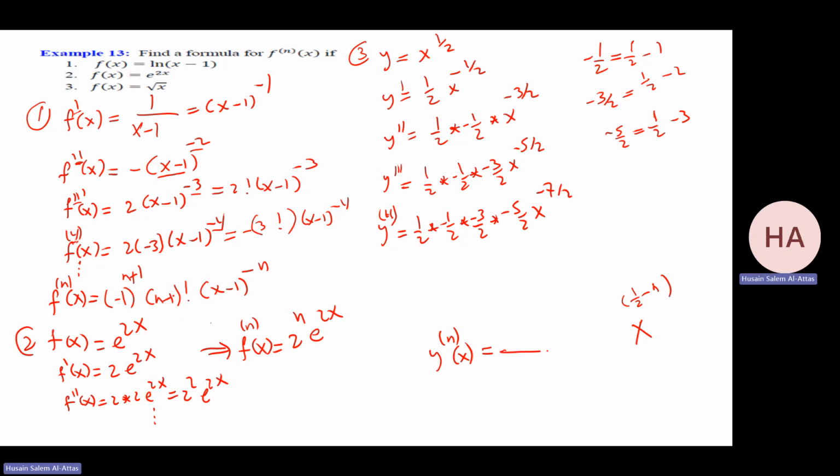Now I have a numerator and denominator. The denominator is: here I have 2, here I have 2 squared, here I have 2 cubed, here I have 2 to the power 4. This is the fourth derivative, this is the third derivative, so I have 2 to the power n in the denominator.